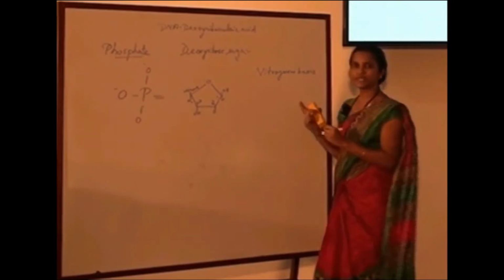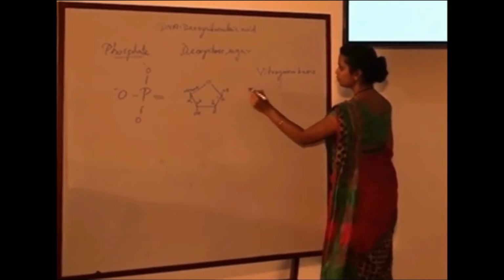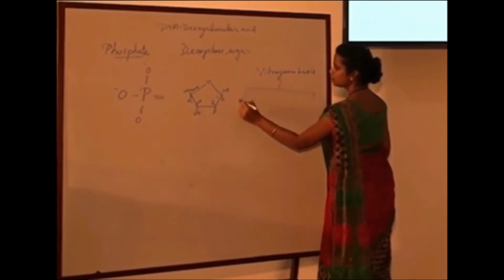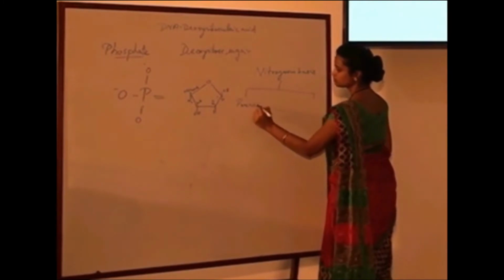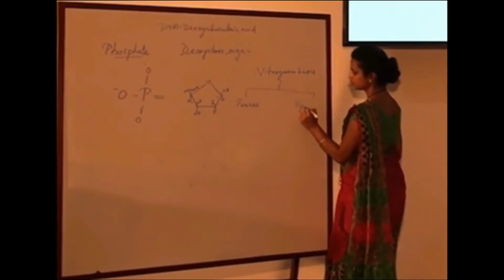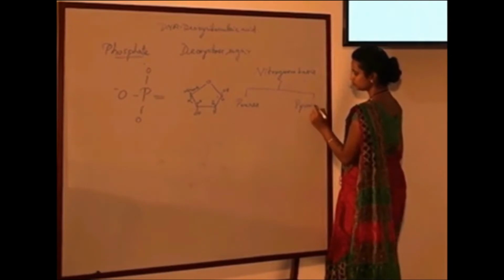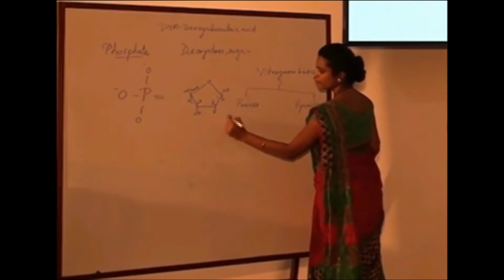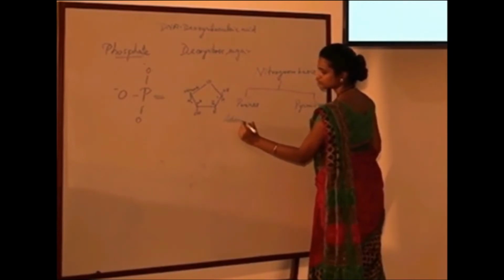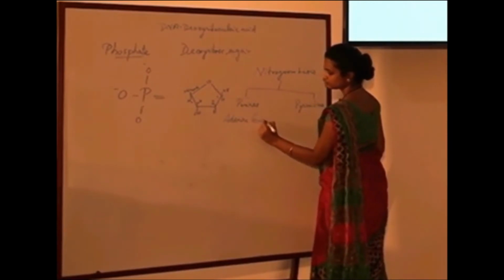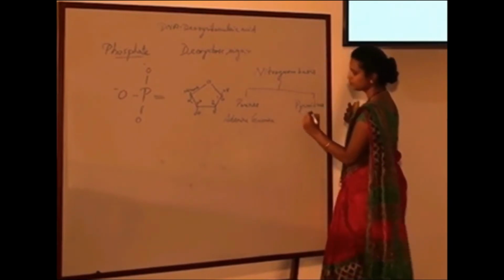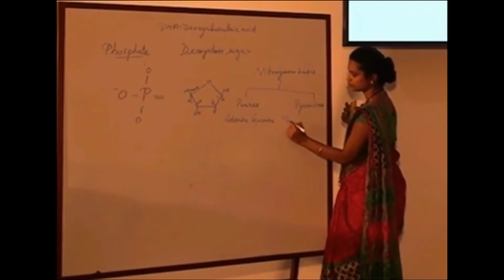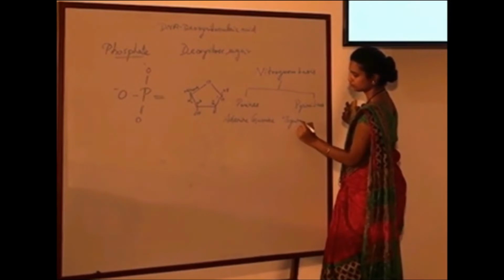The nitrogenous bases are of two types, namely the purines and the pyrimidines. The purines are adenine and guanine, and the pyrimidines are thymine and cytosine.